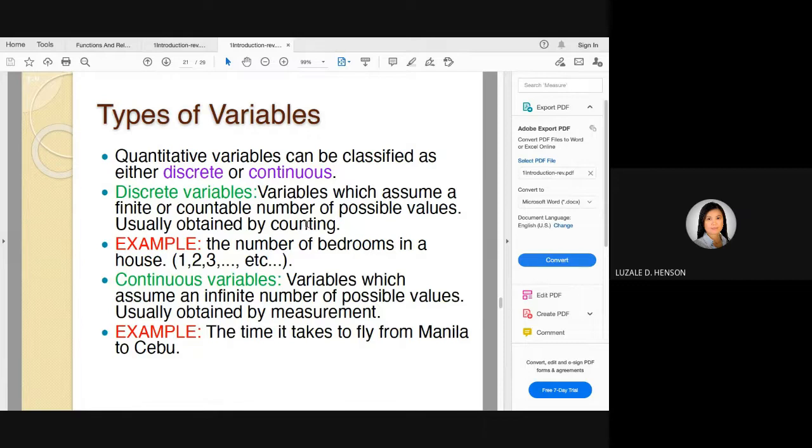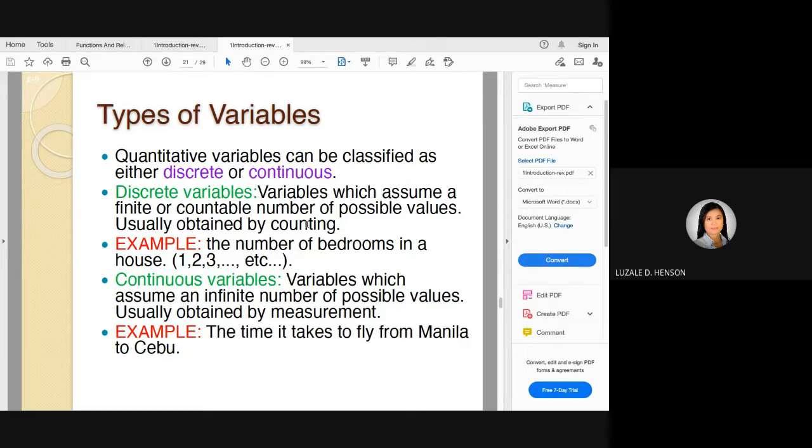What's the difference between these two? When you say discrete, it's from a count. It's from counting, whereas continuous is from a measurement. When you count, you have 1, 2, 3. So those are number of bedrooms, for example, in a house, number of children in the playroom. So those are from a count. Pero pag continuous variables, measurement yan.